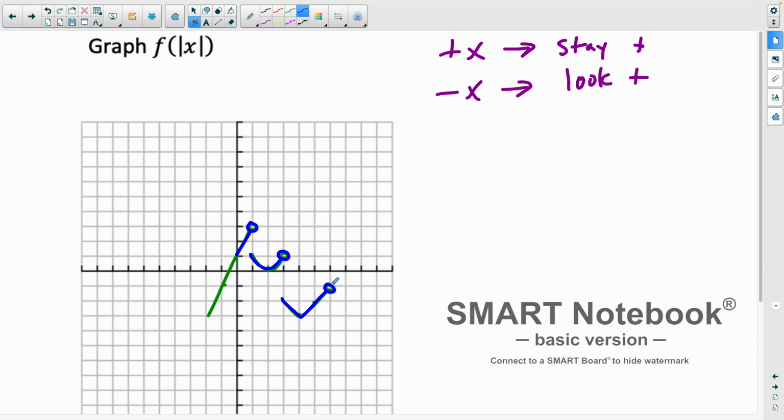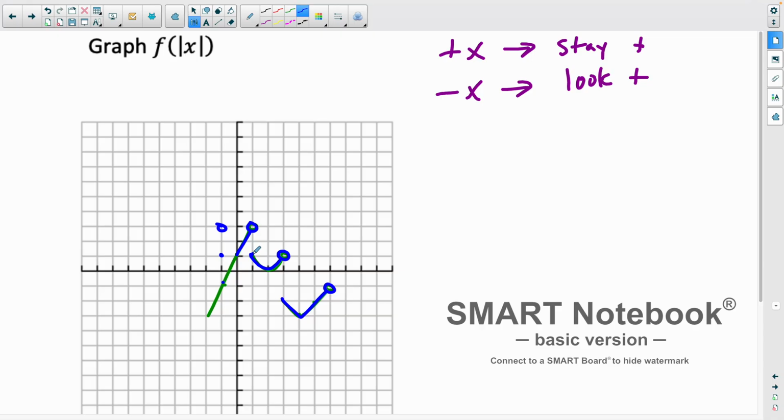All right? Now, what is a negative x going to do? For instance, this one right here, this is -1, correct? But if you put a -1 in there, it's going to be +1. And what's +1 going to do? +1 says I should look like this right here. +1 says I should have an open circle there and a closed circle here.